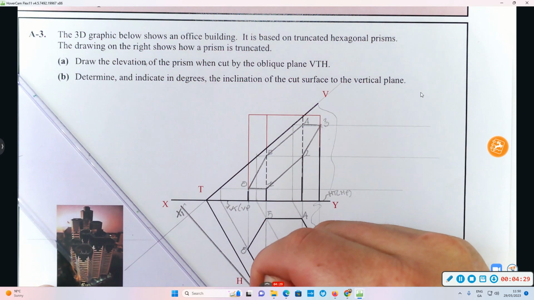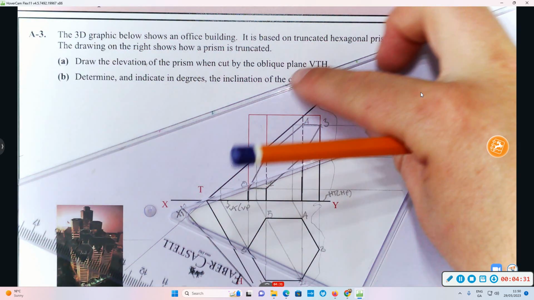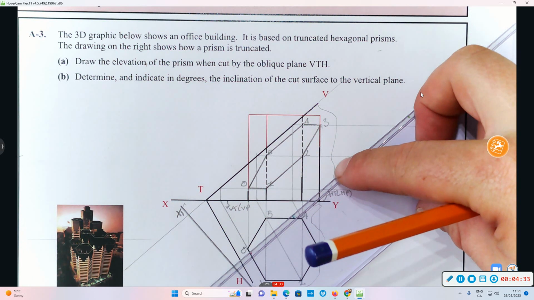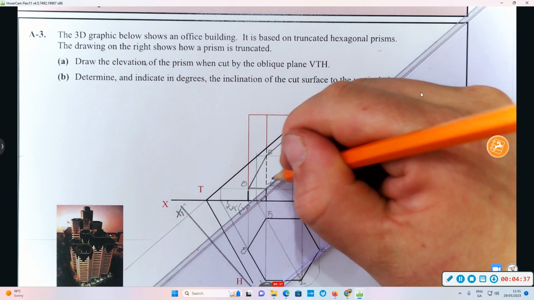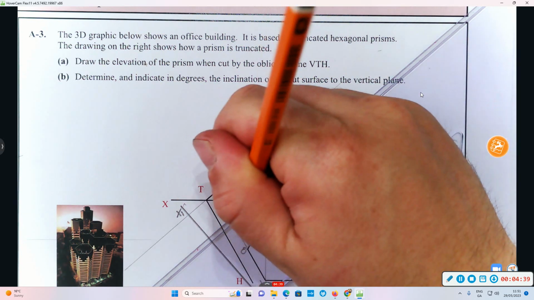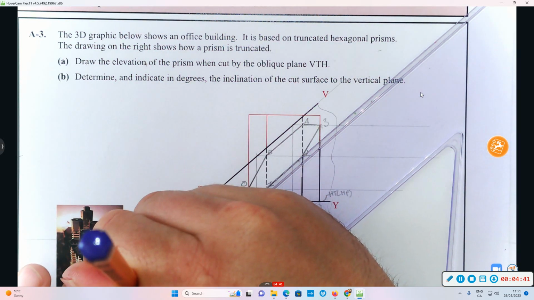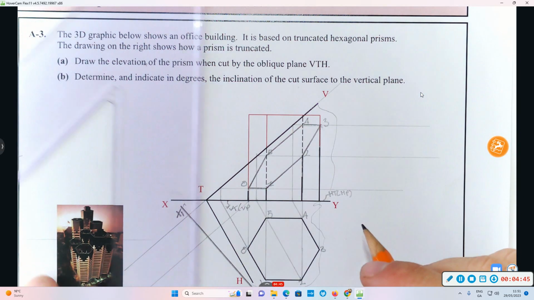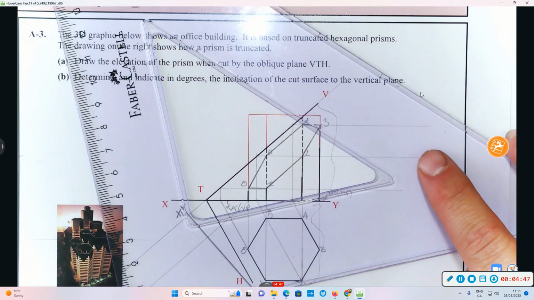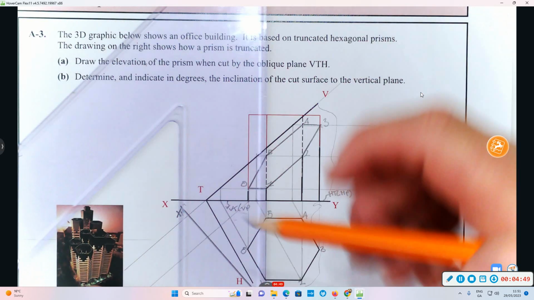Now, I'm going to pick any point on the XY line, and I'm going to project it parallel to the VT. Now, I'm going to bring this same point down to the HT.